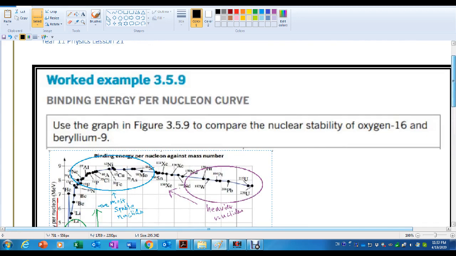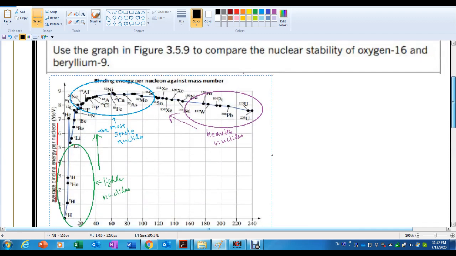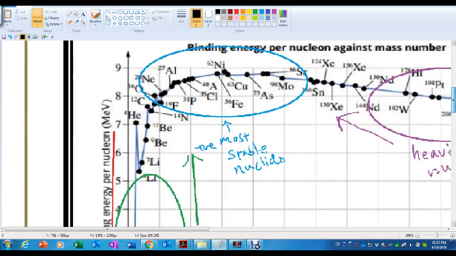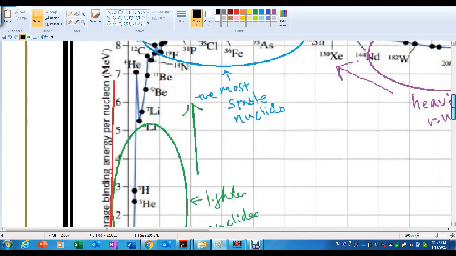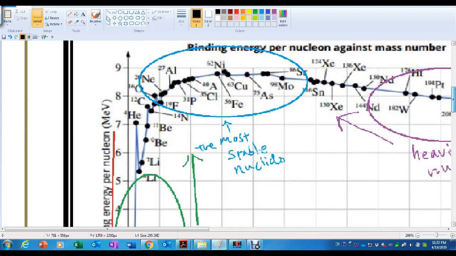Okay, so you need to compare oxygen-16 and beryllium-9. Okay, can we see it? Okay, so where's oxygen? Oh, right here. So this is oxygen.